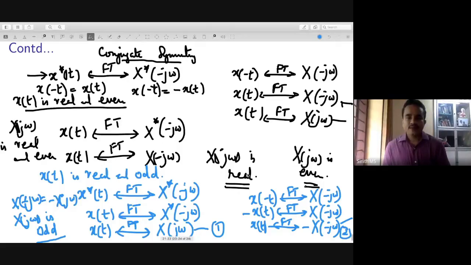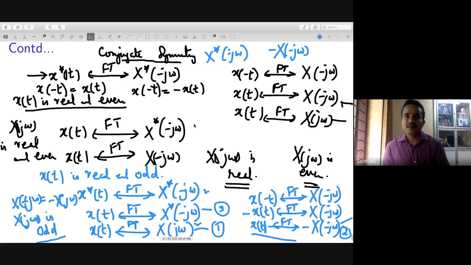And what can you tell about x star? So x of t has Fourier transform x star minus j omega. Suppose you call this 3, and compare 3 and 2. x star minus j omega is the same as minus x of minus j omega.